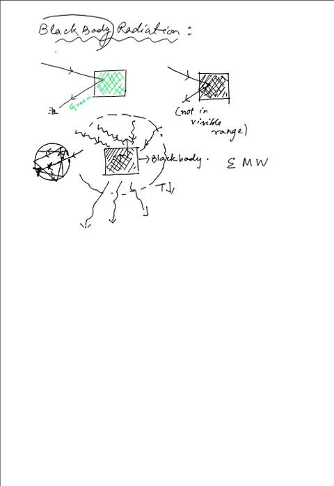Now, the emissive power of a given body can be expressed. This is the emissive power of a given body at a given wavelength lambda.